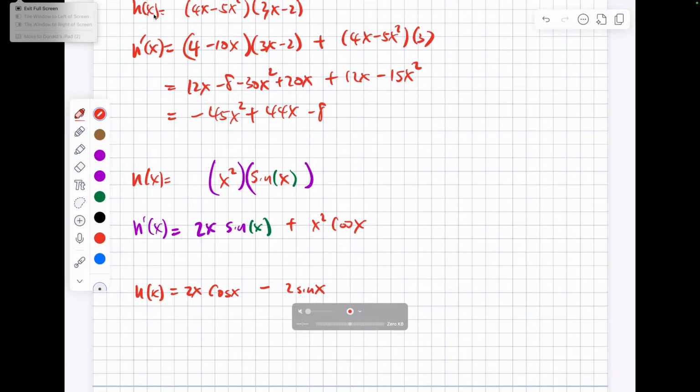Does it matter what you do first, or does it matter which rule you use where?